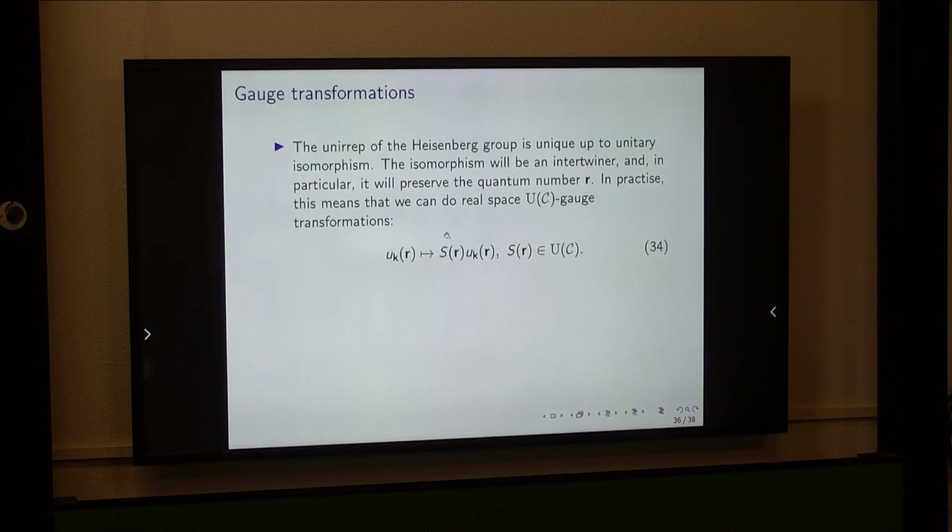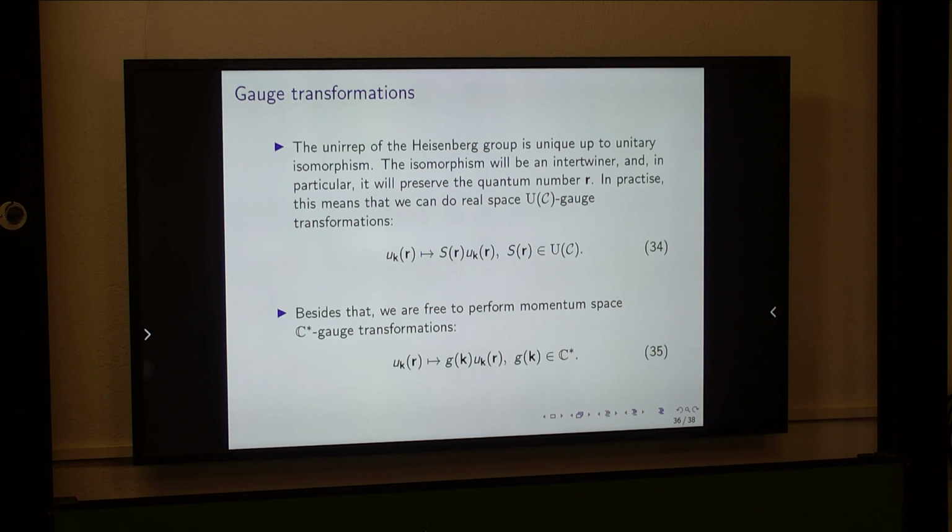We're allowed, so this is a degree of freedom that we have. And besides, as I said before, we can also do momentum space gauge transformations. So we have these two degrees of freedom. So if someone gives you a wave function, you can do these two transformations without spoiling it.